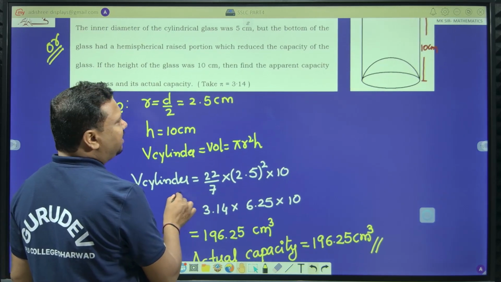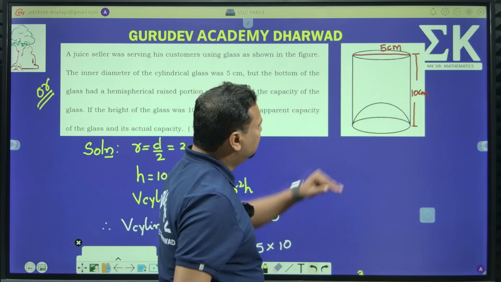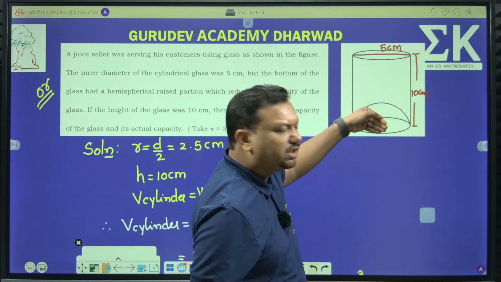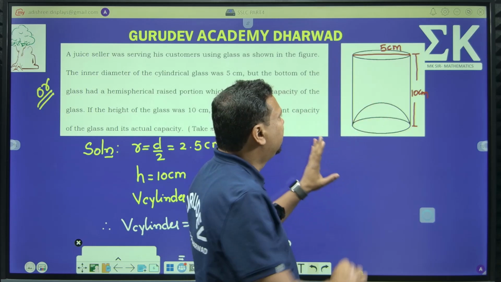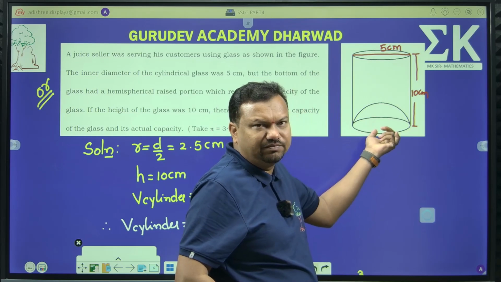Now, you have to understand the apparent capacity. What do you mean by apparent capacity? See that this glass has a hemisphere scooped in the bottom. It means that from the total volume, I have to subtract the volume of the hemisphere.